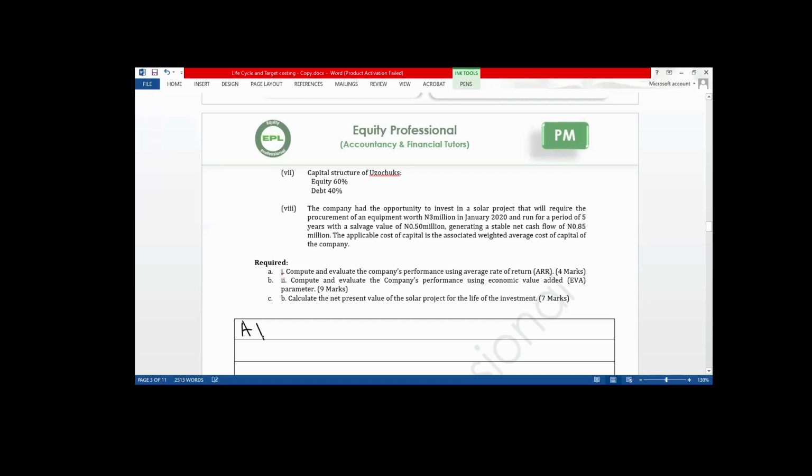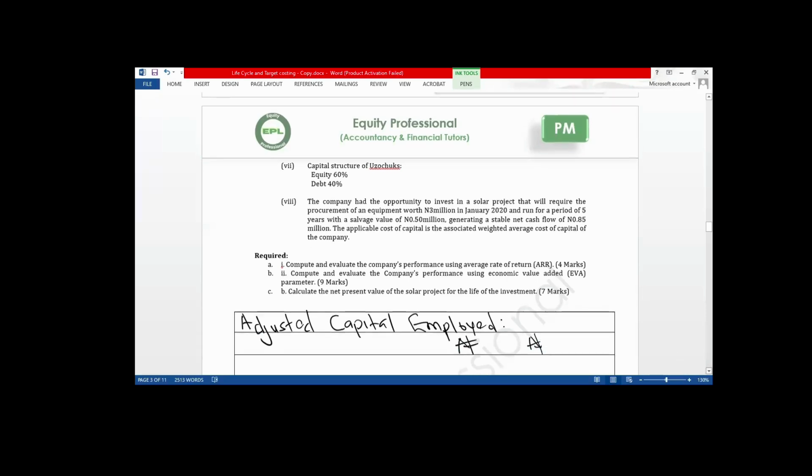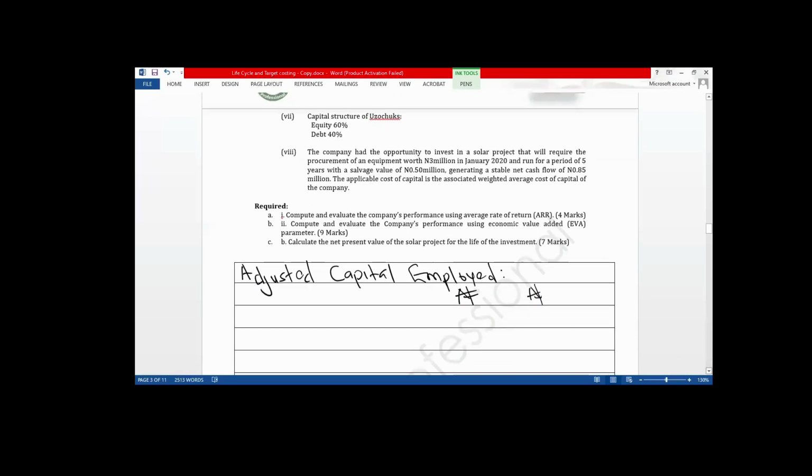If you want to calculate your adjusted capital employed, you start with your opening capital employed.